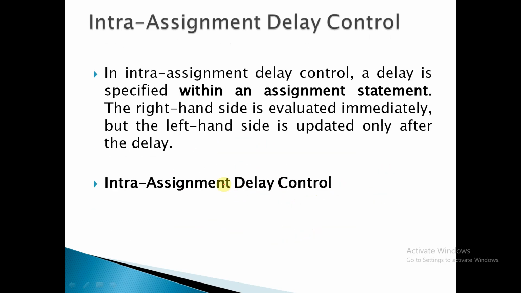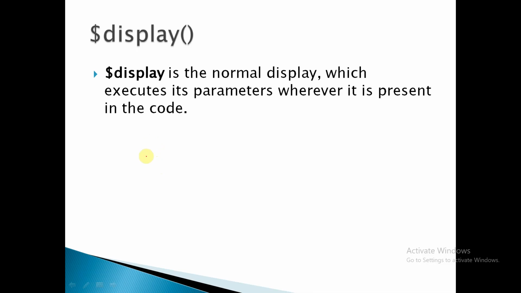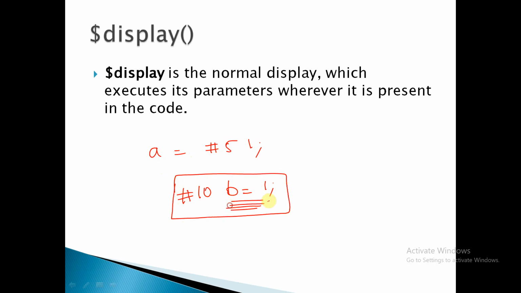Let's say suppose we have a is equal to hash 5 1 and hash 10 b is equal to 1. Then what is happening in the case of inter assignment delay is that this execution is happening after 10 time units. This entire execution is happening after 10 time units.